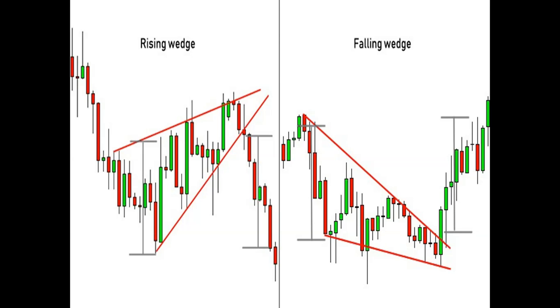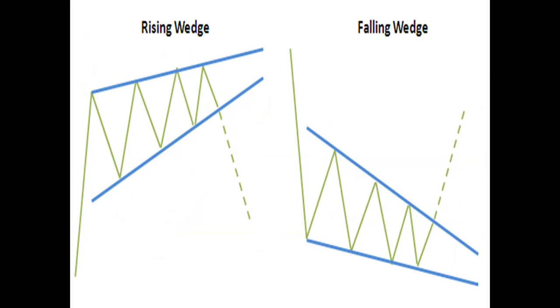You see stock is in downtrend and then all of a sudden it forms wedge and again it will go in uptrend. So this is very clear picture, you can see, and you can go and use this in trading.